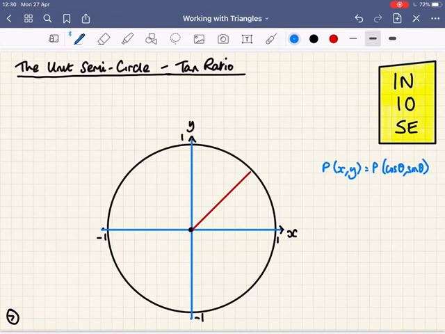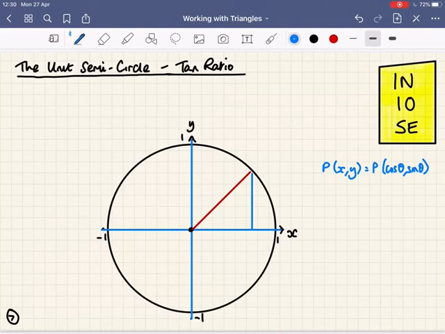And where does the tan ratio come into all of this? Well, we haven't mentioned it so far, but very simply, if you look at the original triangle that we created, let's just put that back into place there with our two sides. Now three sides in place.